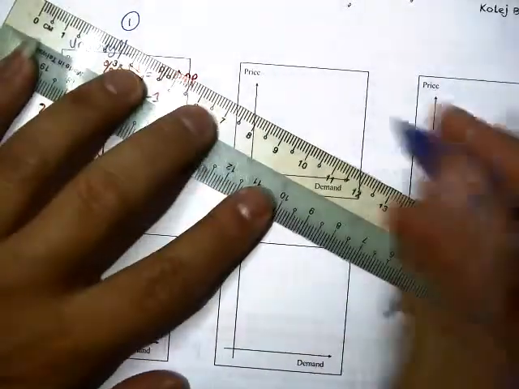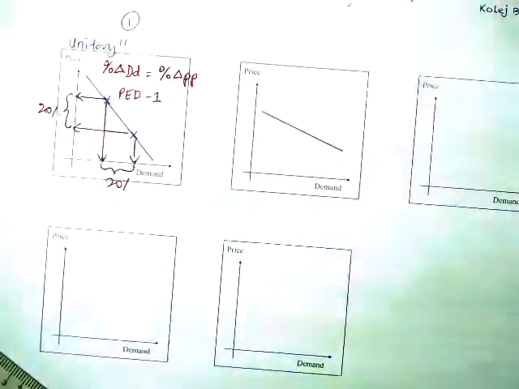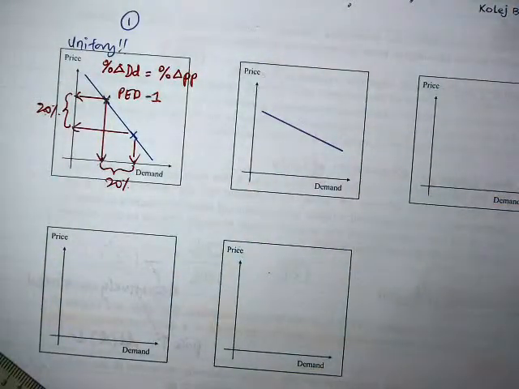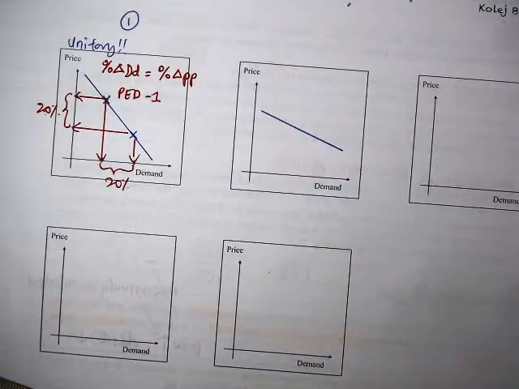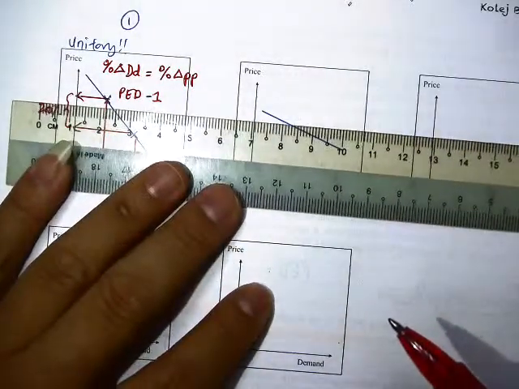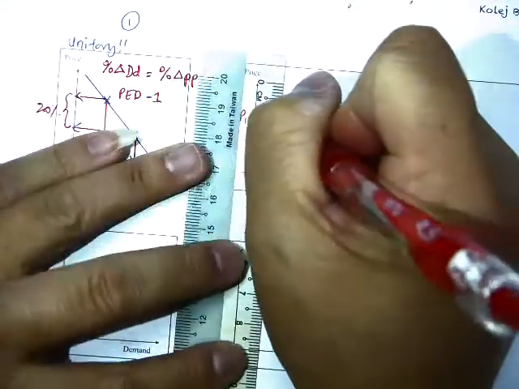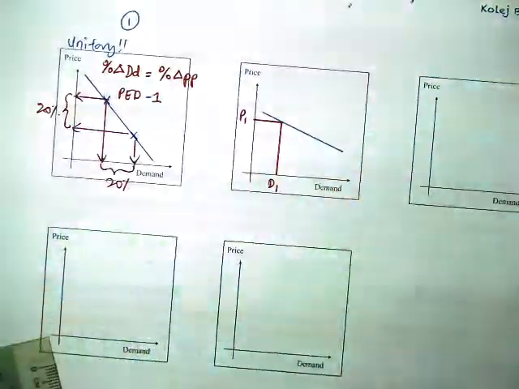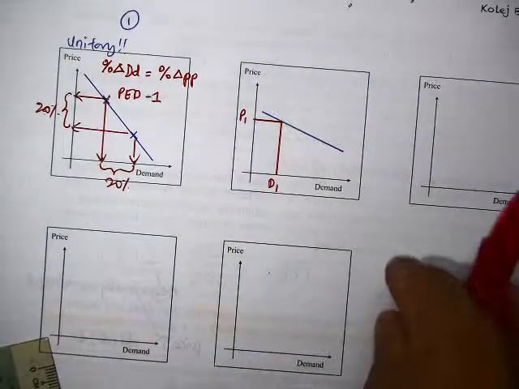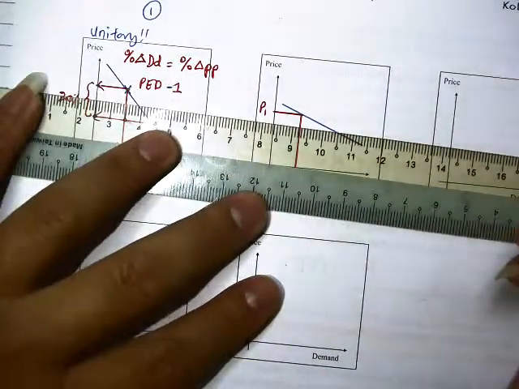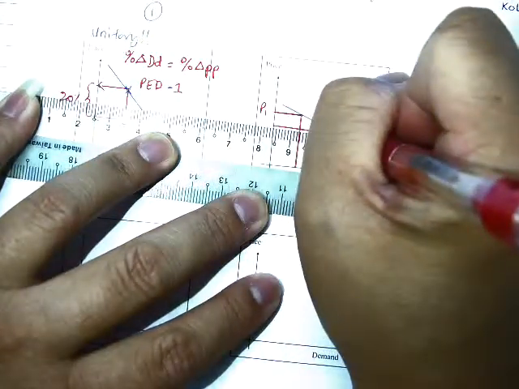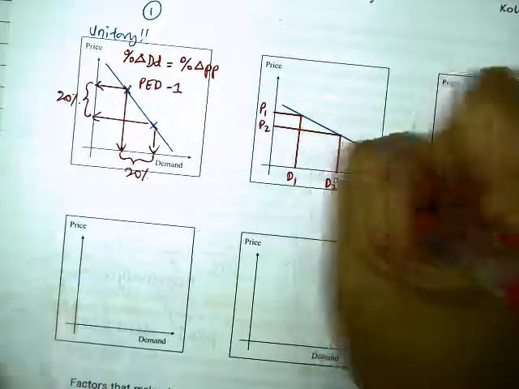Okay, so we draw like that. Alright, you just make it flatter. Okay, so by changing the line in this manner, let's say this is my price, this is my demand. You just draw that randomly, okay? Now, this is the second price I have, and this is the second demand I have.